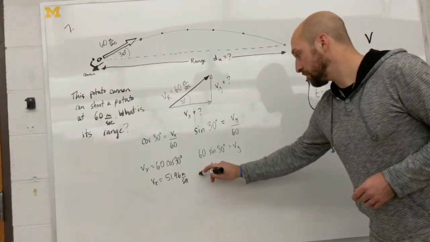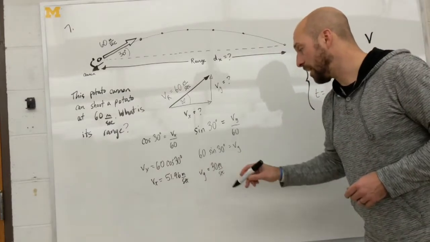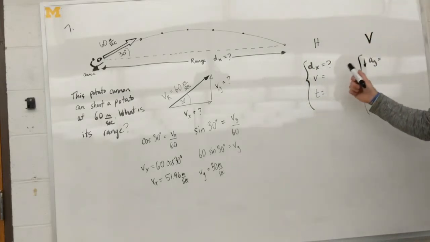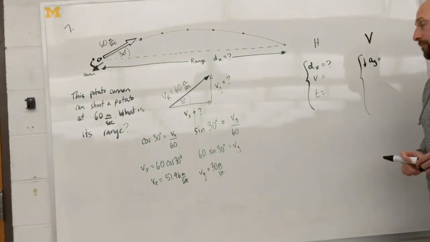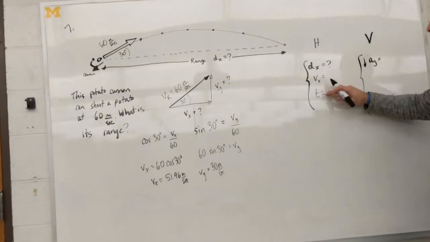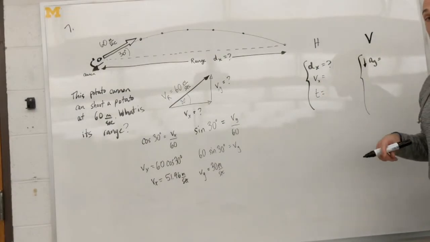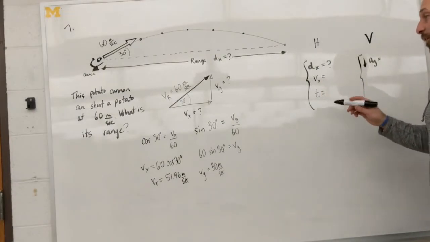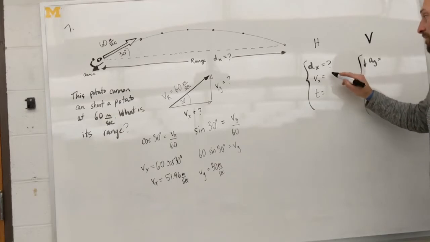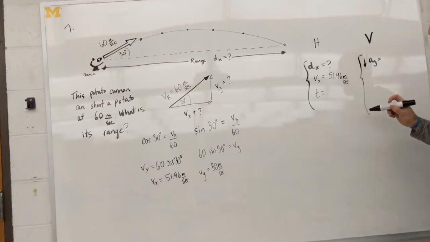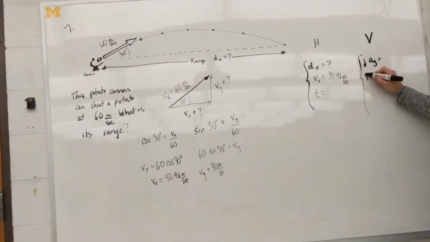Those two quantities, Vx and Vy, can be substituted into our horizontal and vertical brackets. The horizontal motion, since it's steady, is always going to be at 51.96 meters per second. The vertical motion is going to start out upward. Vo will be 30 meters per second.